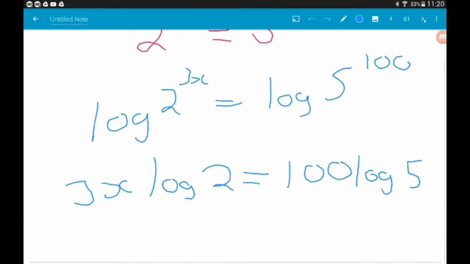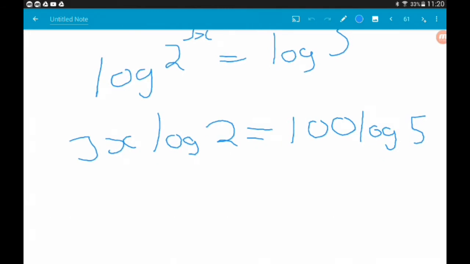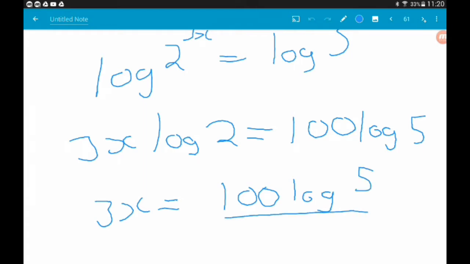Now if we divide by log 2, we get 3x is 100 log 5 divided by log 2.